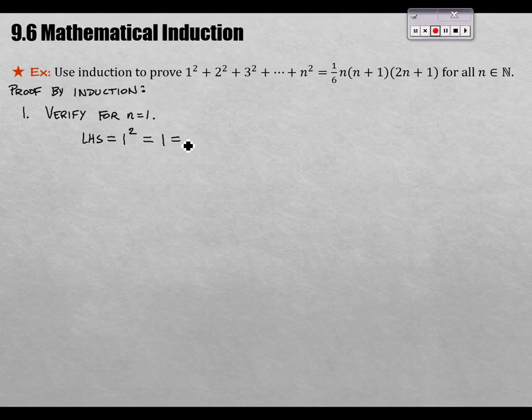Does the right-hand side come out to 1 as well if you plug 1 in for n? That's a little bit harder to see, isn't it? But you'll get 1/6 times 1 times 1 plus 1 times 2 times 1 plus 1. Let's just verify. That's 1 times 2 times 3, which is 6, divided by 6, which is 1. So that works, okay?